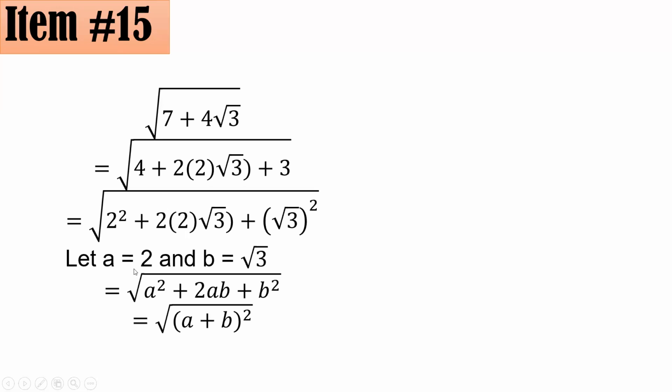So if I let A equal 2 and B equal square root of 3, it became the square root of A squared plus 2AB plus B squared.